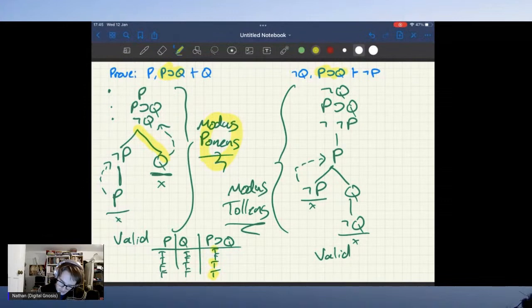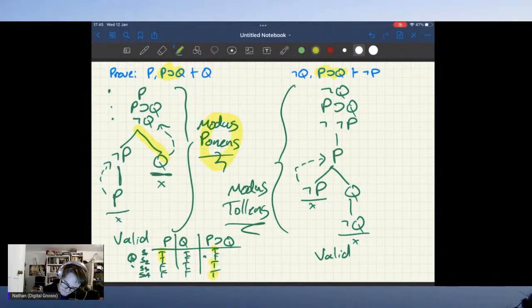And then we have that P is true, so we have this model or this model. But in that second model, P then Q is not true. So our premises aren't all true, so that model is not going to feature for us.